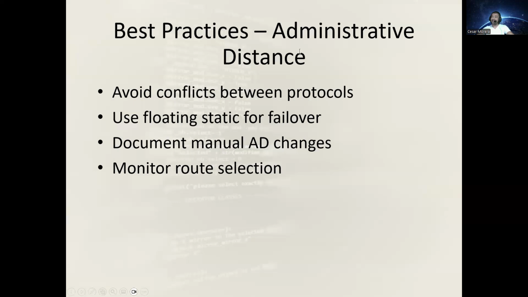Another is the administrative distance, and we're talking about best practices when using administrative distance: avoid conflicts between protocols, use floating static for failover, document manual AD changes, monitor route selection. So that's a little bit of what we have here. Great. Let's clear it and move on.